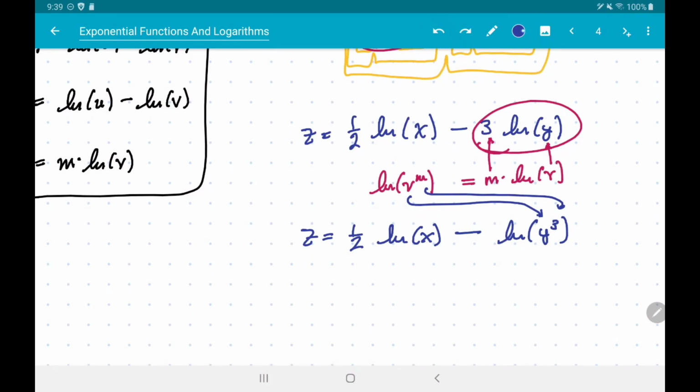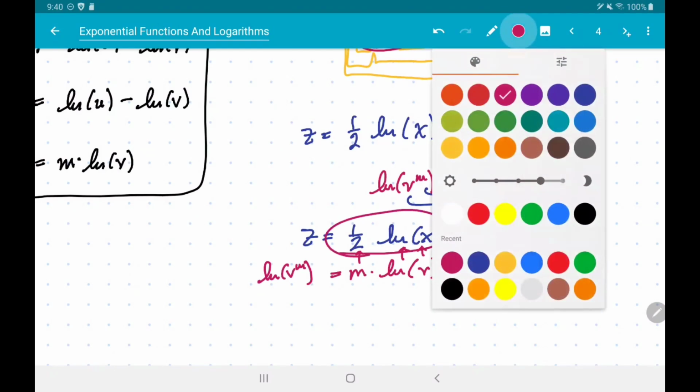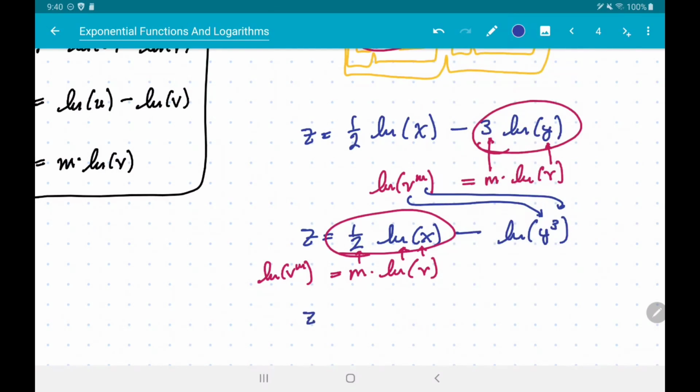Now we can do actually the same thing over here. Right? This I can match m times ln of v, same formula, and rewrite this part. And the rewrite is that I need ln of v, which in this case is this x.